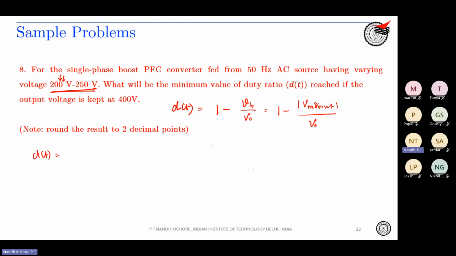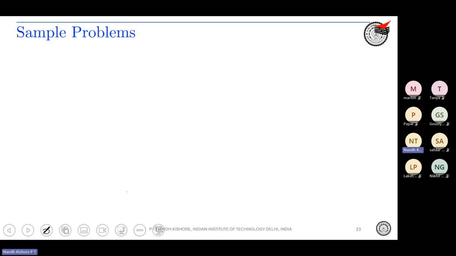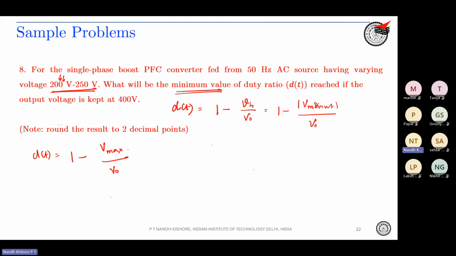The question over here is, what is the minimum value of duty ratio? To get the minimum value of duty ratio, you have to use 1 minus Vmax. If you subtract Vmax, you get the minimum value. So what is the Vmax? It should be the maximum value. Maximum means you should use the max that's given. So 1 minus 250 root 2 divided by 400. Have the distinction as to where you should use the minimum value and where you should use the maximum value. Here you should use 250.